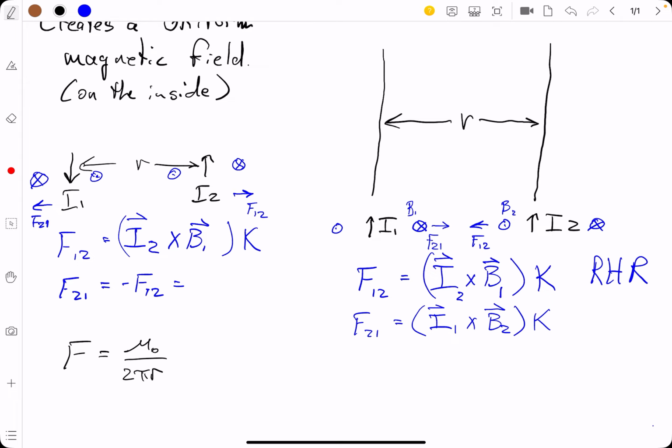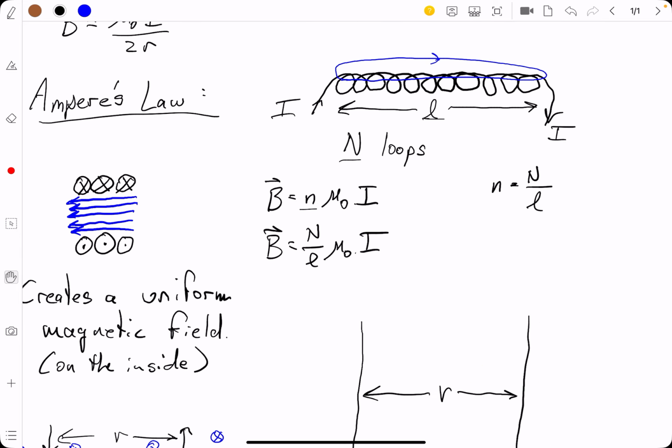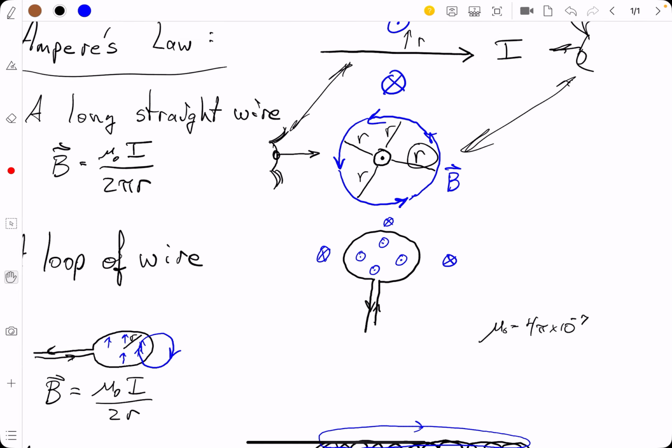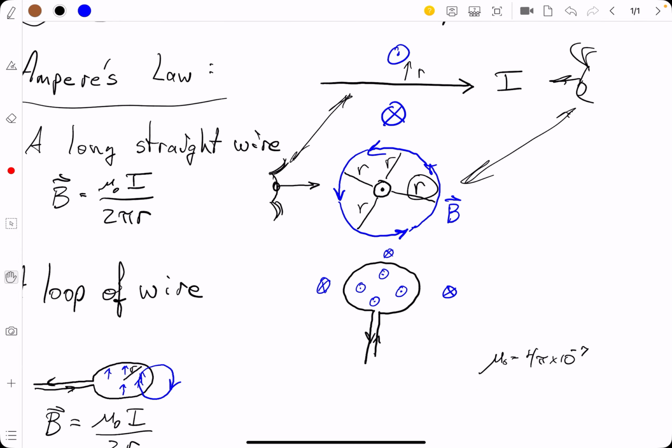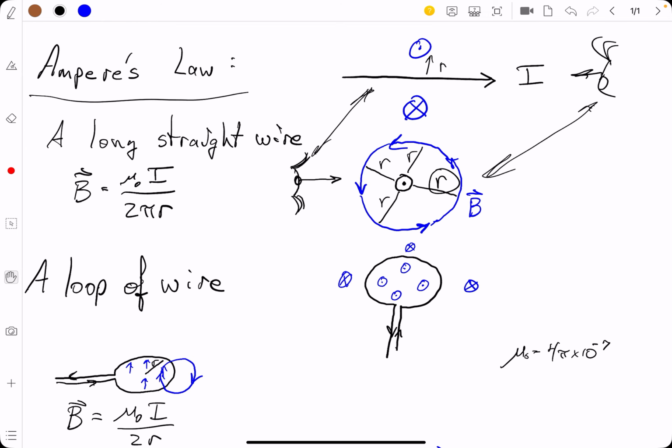Okay, because why? We're using this situation right there. It's a long straight wire. That's our B field, right, from one of the items. So if we're doing the force on 2, this is the B field of 1. Okay, so good. Now we're doing that.